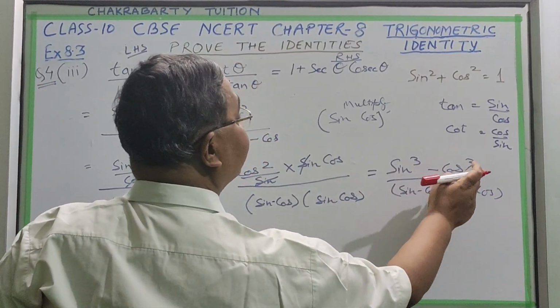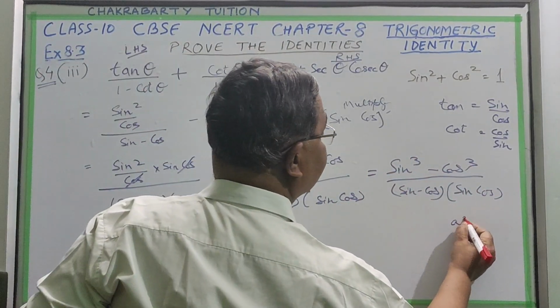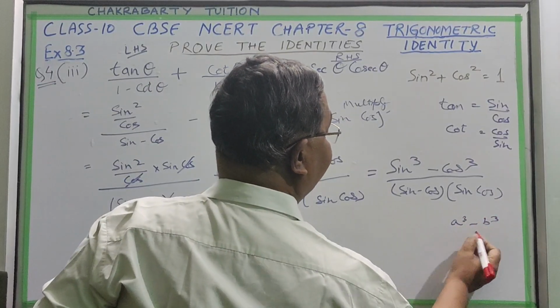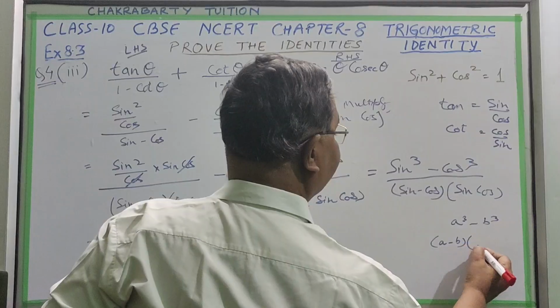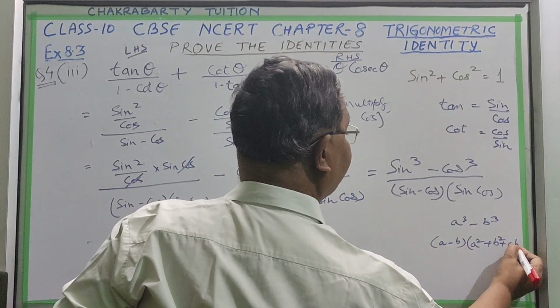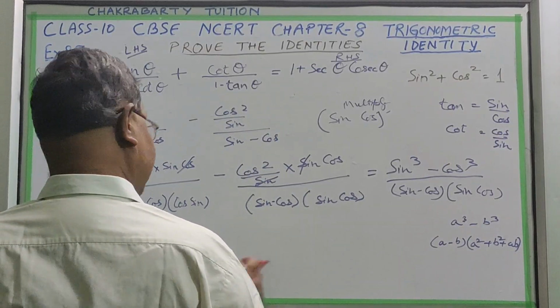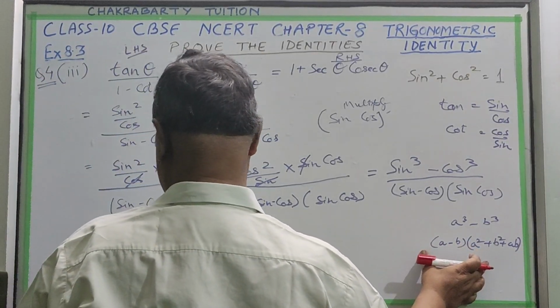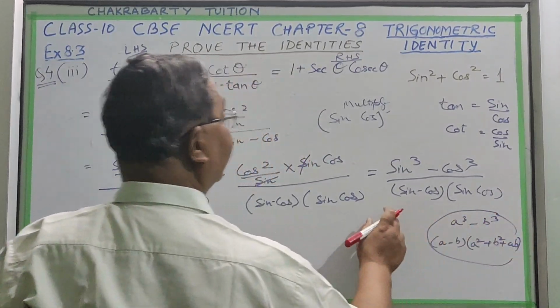So now here we will use the identity a cube minus b cube. A cube minus b cube is a minus b and a square plus b square plus ab. This is our formula. So this formula we will use here, this algebraic identity.